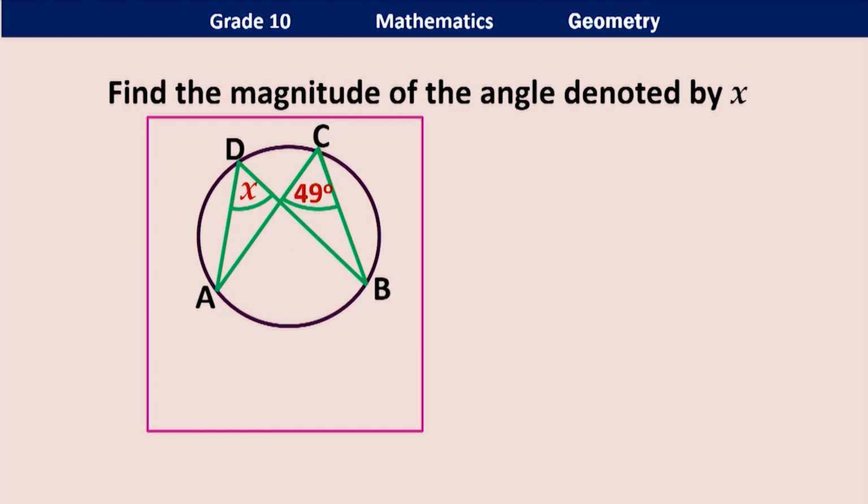Therefore, the magnitude of angle ACB is equal to the magnitude of angle ADB, that is X. Therefore, the value of X can be taken as 49 degrees.